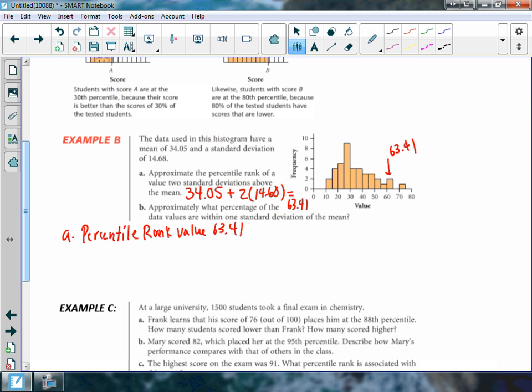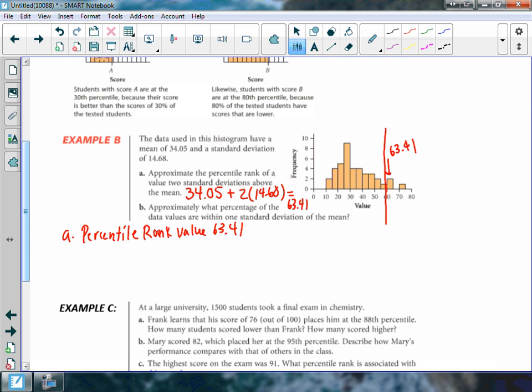So therefore, we're going to cut the histogram right here and count up the values that are below that bin from 60 to 65. Maybe those 2 values are below 63.41 and should be included in this calculation, but we really don't know for sure. And so we're going to just err on the side of caution. We're going to ignore that bin and count up everything that's below.